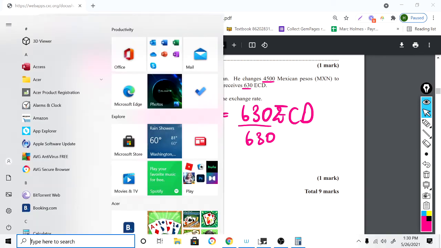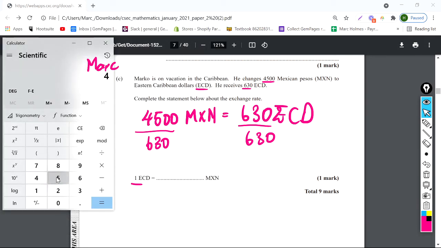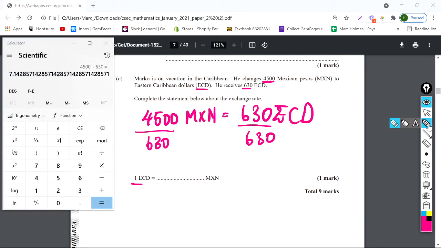Let me show you guys. 4,500 divided by 630 is going to give us 7.1428. Let's put 4 decimal places for the meantime. So 7.1428 Mexican pesos is equal to 630 divided by 630, which just gives us 1 ECD.